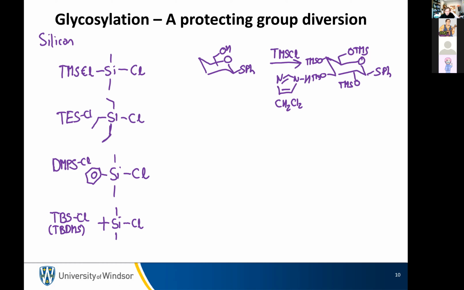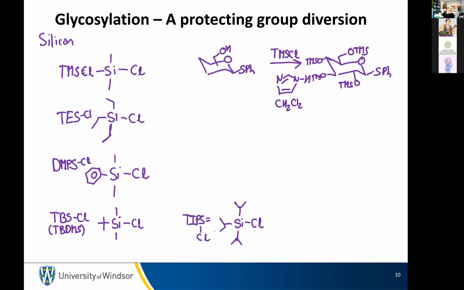DMPS stands for dimethylphenylsilane. And then we've got TIPS, which is just a great acronym, and that's triisopropylsilane. So what's happening here, as we go down from TMS chloride to TIPS chloride, is we're increasing the sterics.